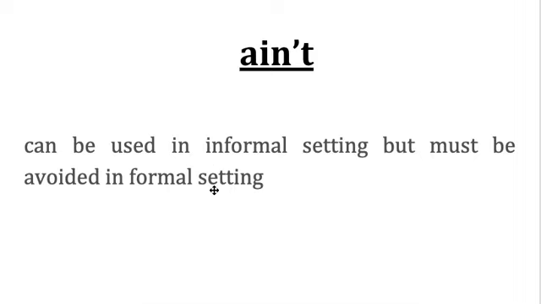Ain't is used in a very informal setting of conversation, but it is always advisable to avoid the use of ain't in any kind of formal setting, either when you're doing a formal piece of writing, or when you are addressing a group in a very formal setup.